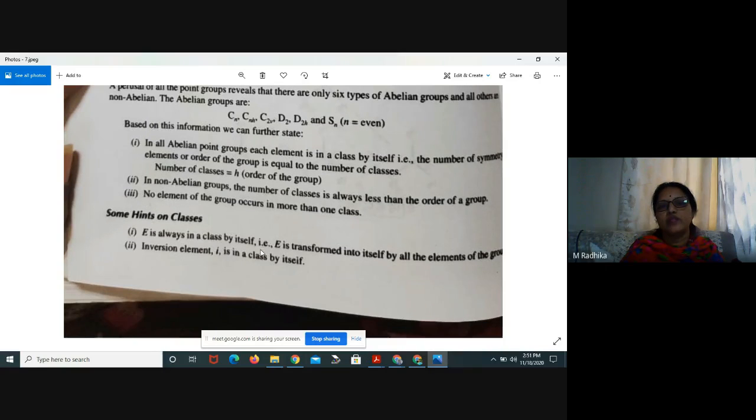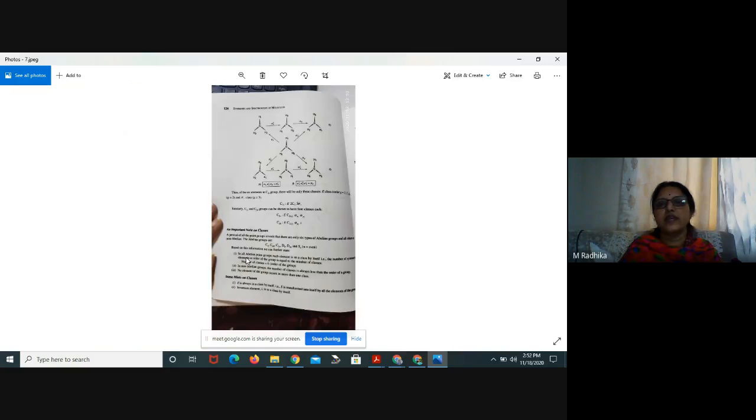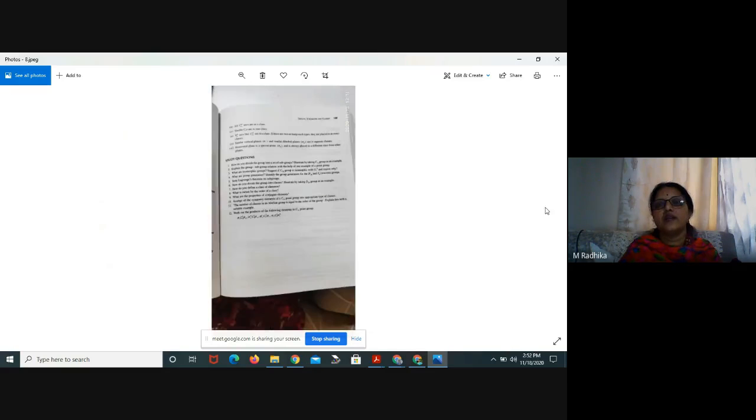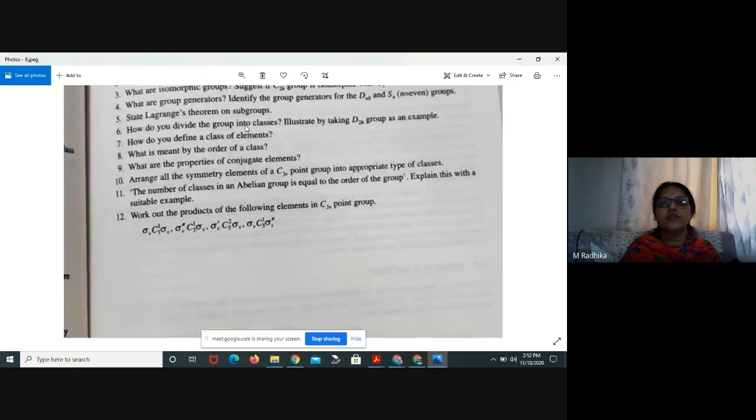So no element of the group occurs in more than one class. You have to remember that. Some more hints: E is always a class of itself and you call it the trivial class. The inversion element is also a class by itself. So E and i are classes of their own.